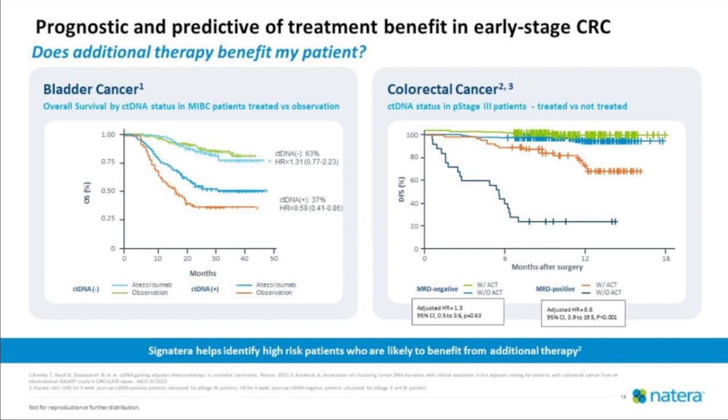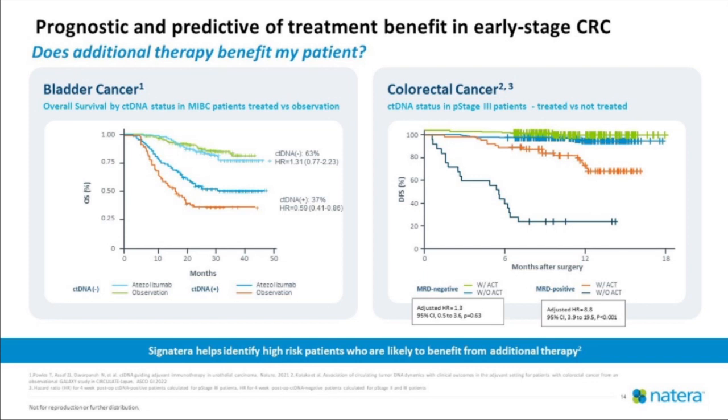Top levels here are patients with ctDNA, so the green and the light blue portions in both of these panels indicate patients who have negative ctDNA tests, showing very little benefit from adjuvant chemotherapy or chemotherapy. And then further down below, you have patients who have ctDNA positive, where there's a significant difference.